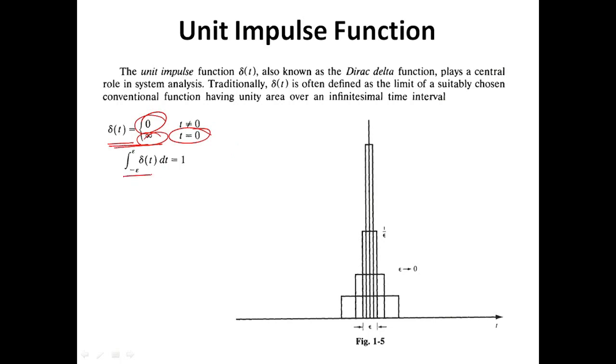However, the area of the Dirac delta function or the unit impulse function is 1, and hence we consider the amplitude of the unit impulse function as 1 in practice. However, theoretically it should have an infinite amplitude.